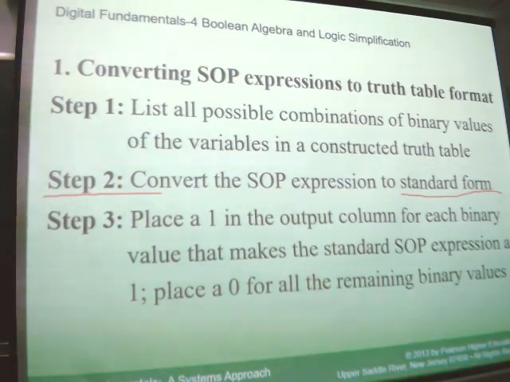Because in step two, we must use this method. And the third step, place a 1 in the output column for each binary value that makes the standard SOP expression equal to 1, and place a 0 for all the remaining binary values.